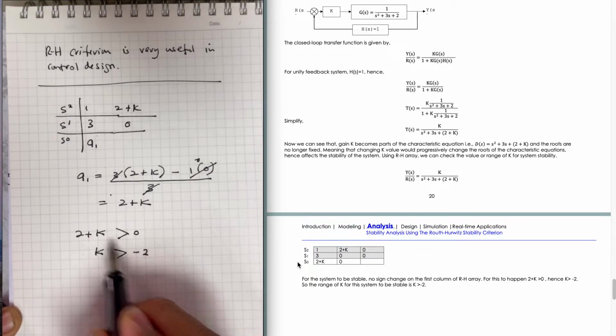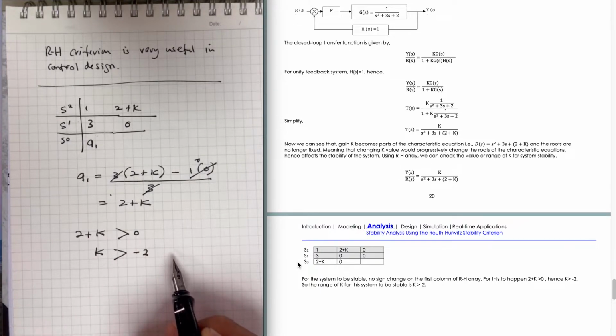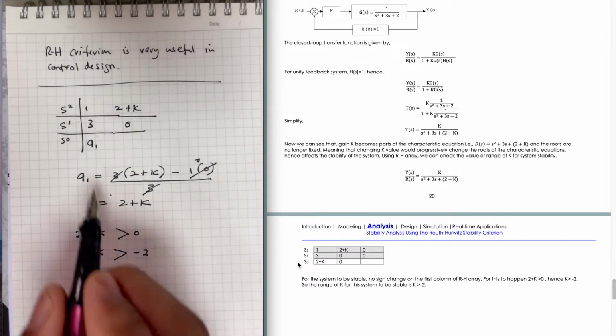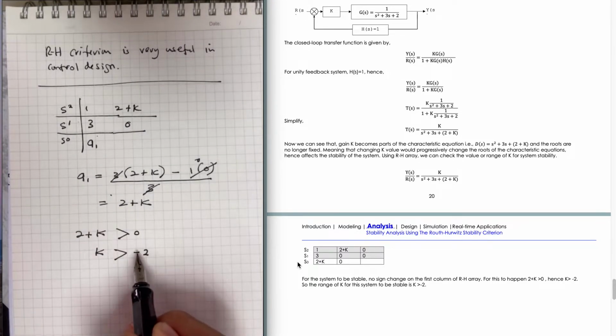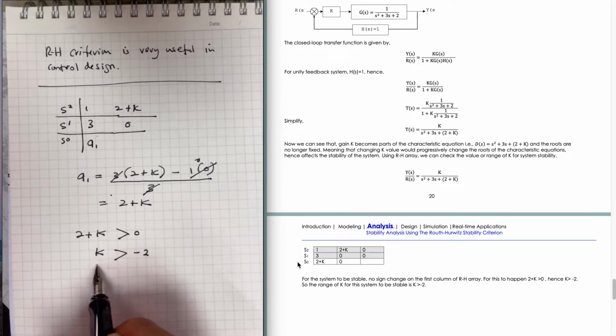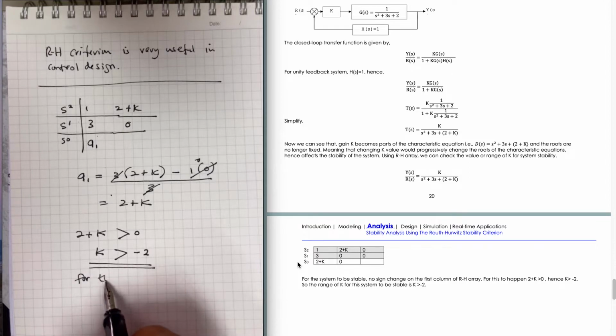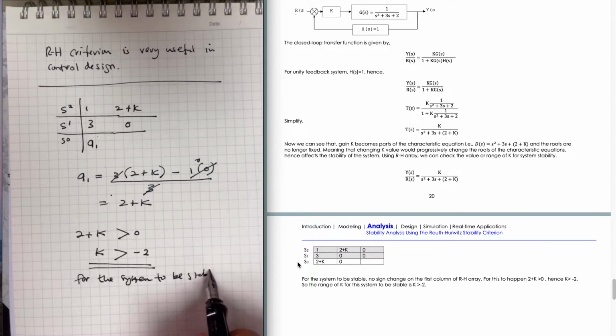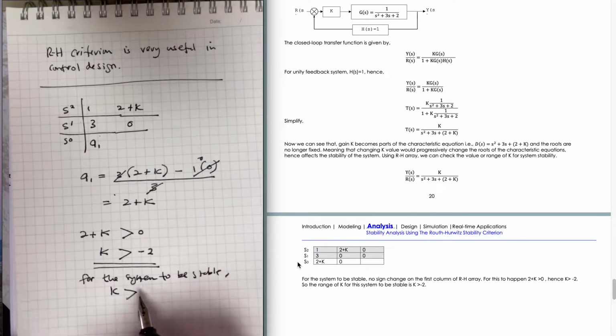So as long as K is greater than minus 2, the system is stable. This is the condition of K. So for the system to be stable, K must be greater than minus 2, right?